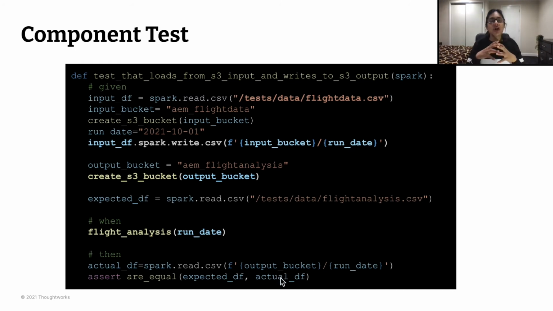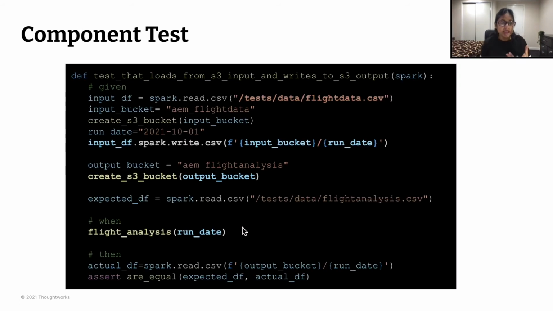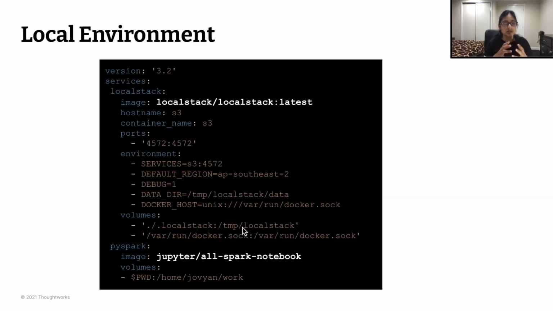So here I'm not testing the smaller functions, but testing the whole end-to-end job, whether it is able to infer the schema, and whether the whole read is working or not. While doing this component testing, I spoke about local environment.